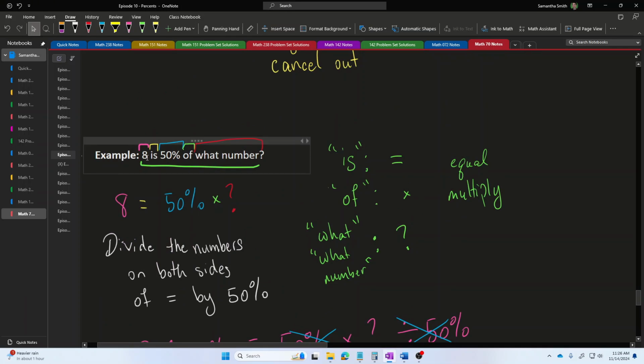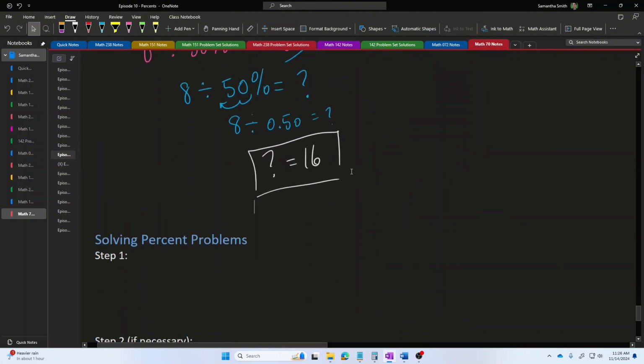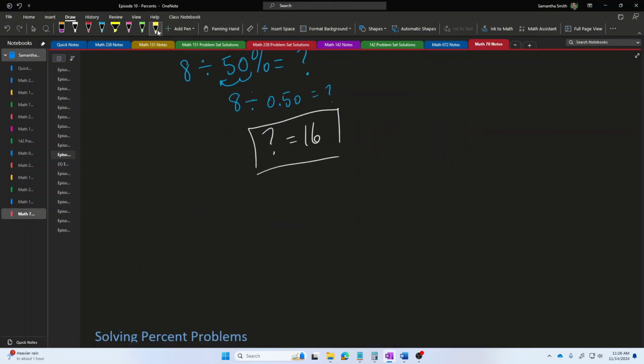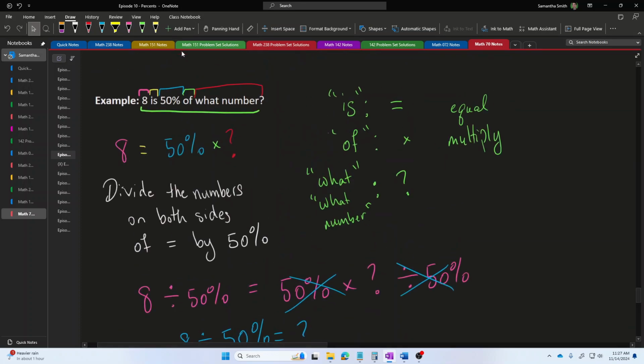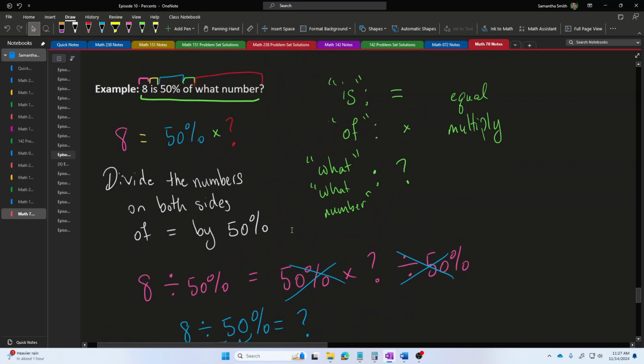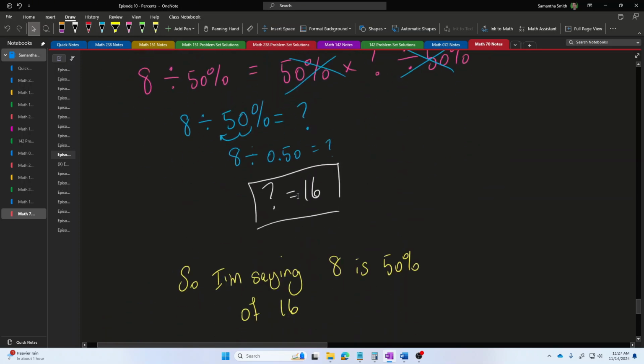They said 8 is 50% of what number? I have just said 8 is 50% of 16. And that makes sense. We remember that 50% is taking half of something, and half of 16 is indeed 8. So here, by figuring out the value of the unknown number, I've said that 8 is 50% of 16.